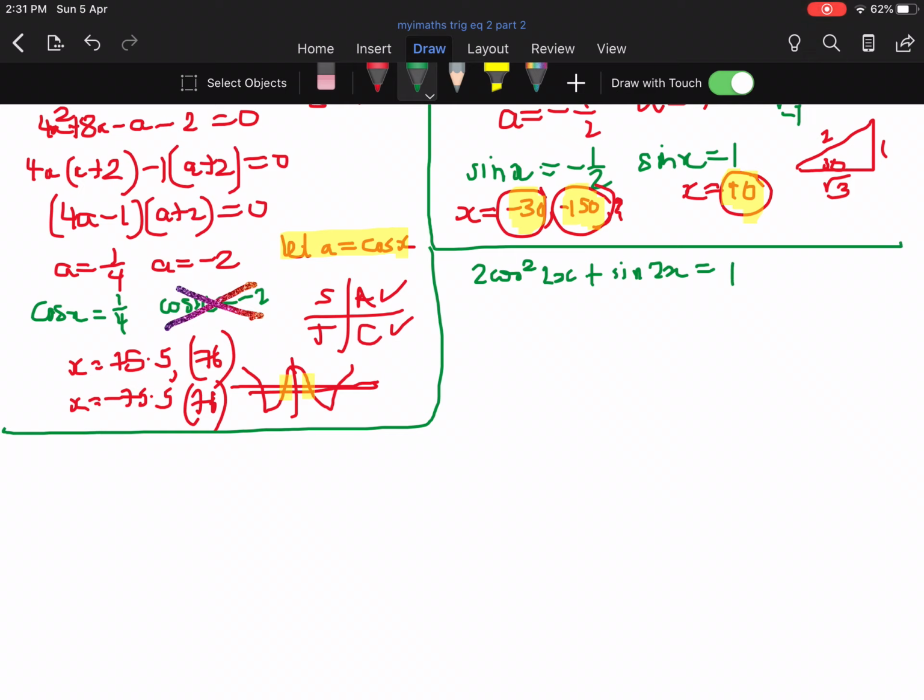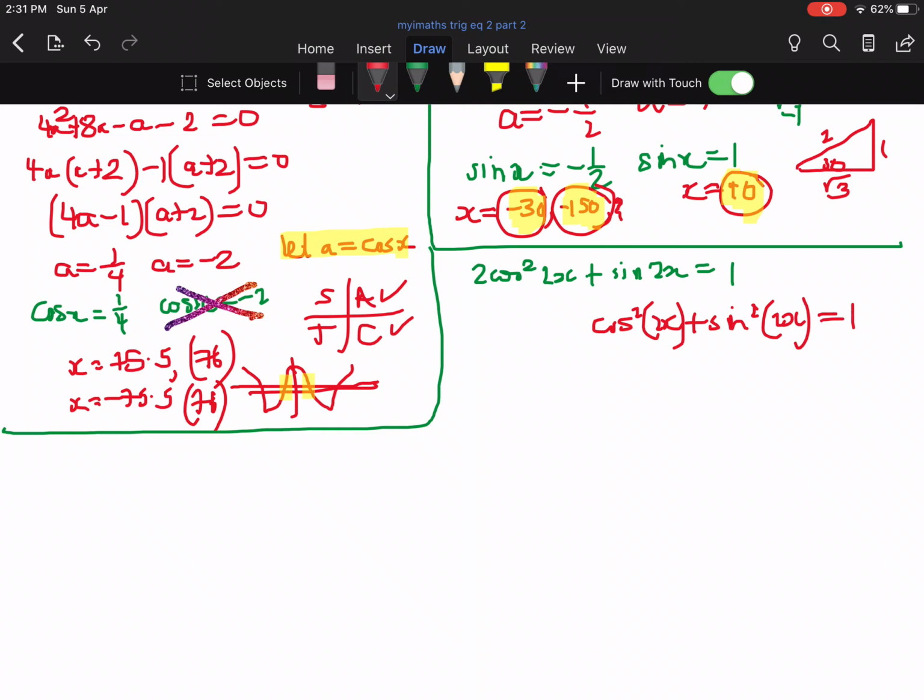So, various things you could think about here. You've got sine 2x, which you can remember from the double angle rule, that sine 2x is equal to 2 sine x cos x. You've got cos squared 2x, which allows you to say that cos squared 2x plus sine squared 2x equals 1.